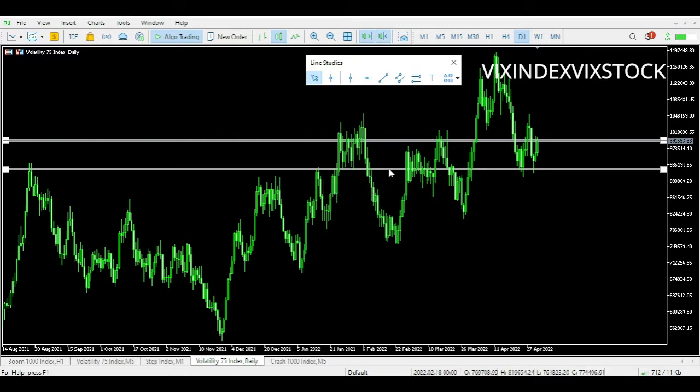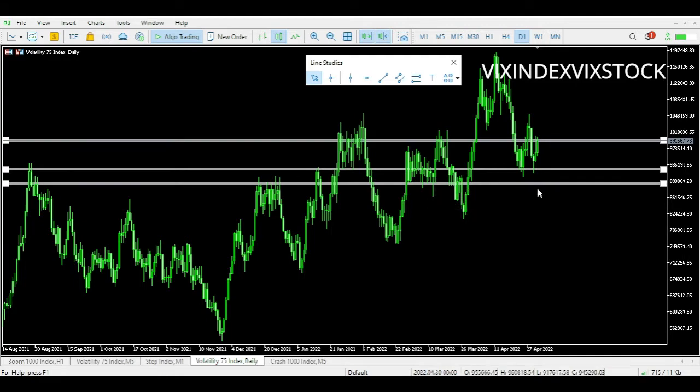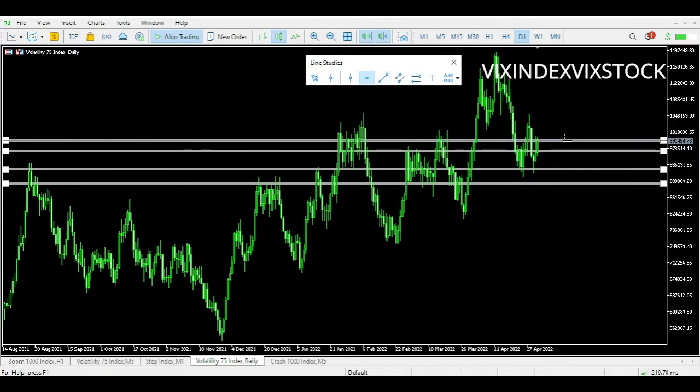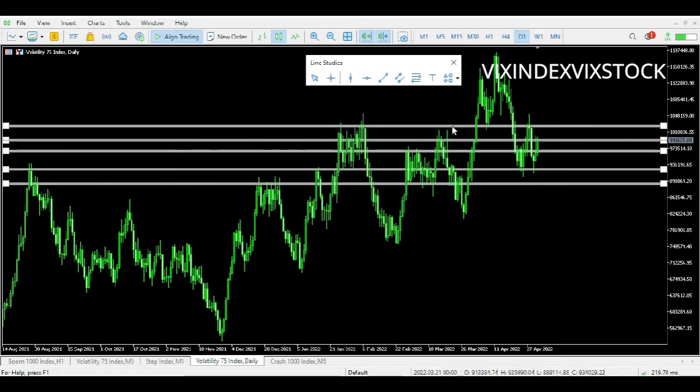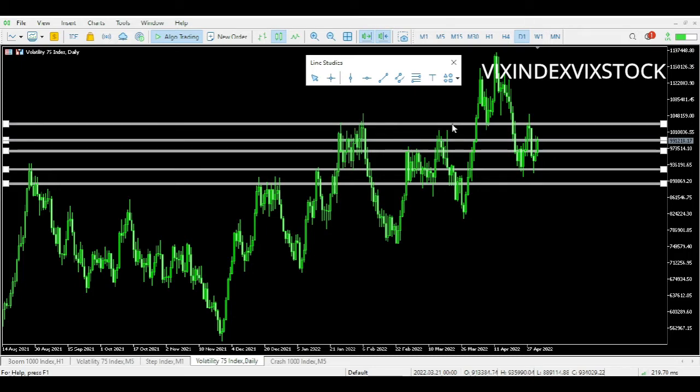You can see my obvious levels there. You can plot whatever levels you can see. That's what I usually start by doing because I want to see where price potentially is going to go if it does not do what I think it's going to do.